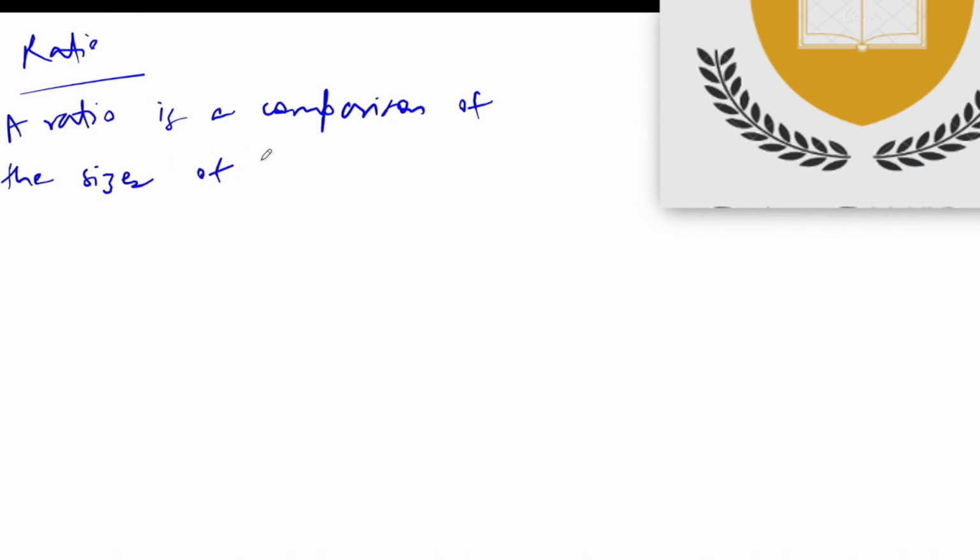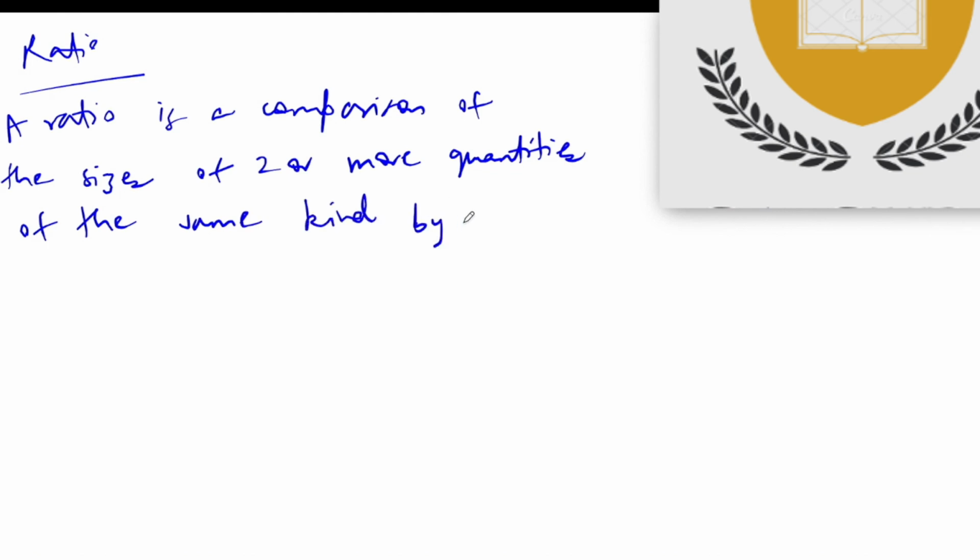Ratio definition: a ratio is a comparison of the sizes of two or more quantities of the same kind by division.